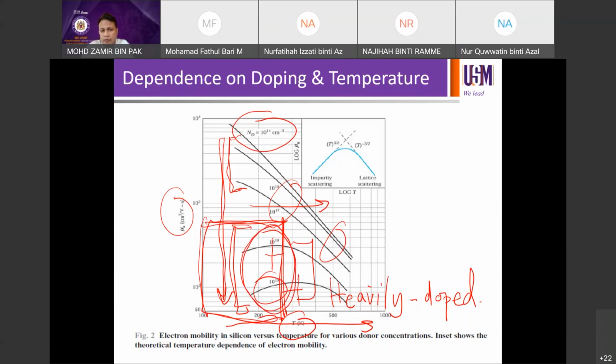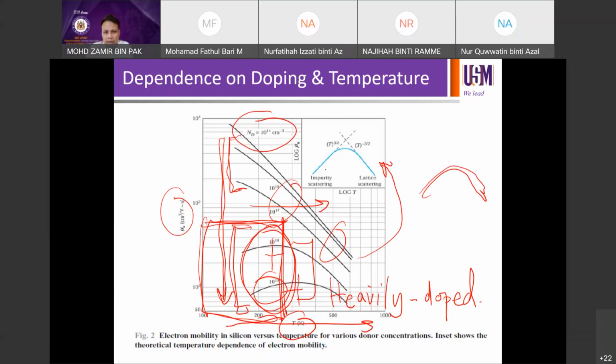On the other hand, if you increase the temperature to say 400 Kelvin and above, you're going to see the mobility reduces due to enhanced lattice scattering. So this can be summarized or represented by this inset. If you look here, the relationship is like that, a dome shape.